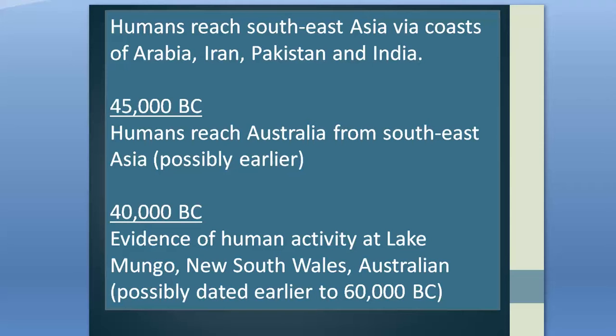Using either primitive rafts or dugout canoes, they crossed the short stretch of open water in 45,000 BC, possibly at its widest point of 90 kilometers, to reach Sahul. Unlike Homo erectus, who never reached Australia, although they reached the island of Flores, this was proof that Homo sapiens had begun to develop seafaring skills.